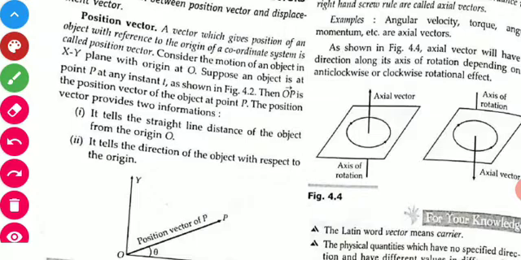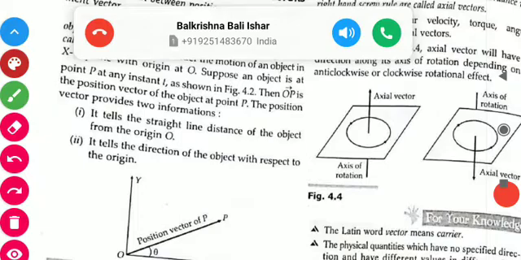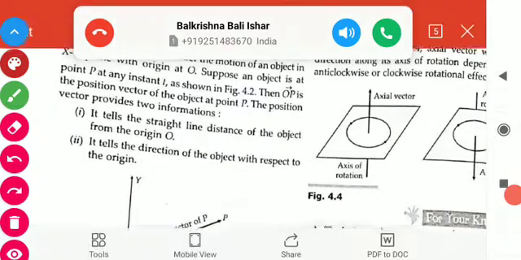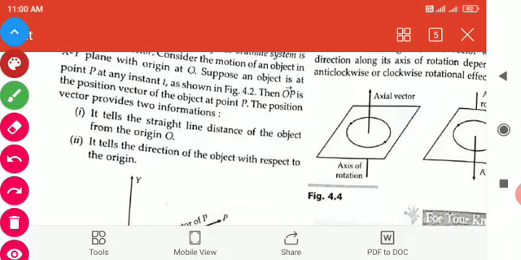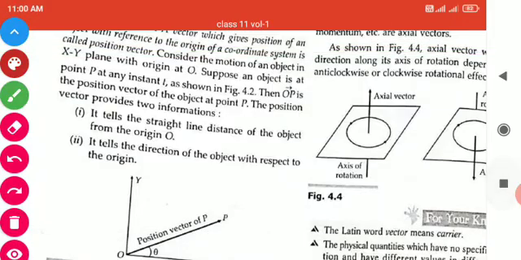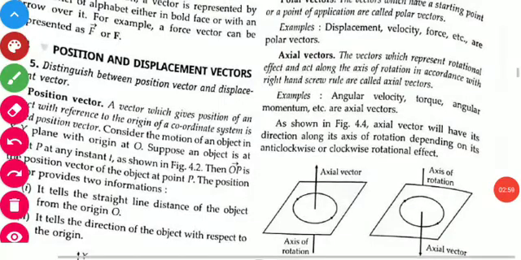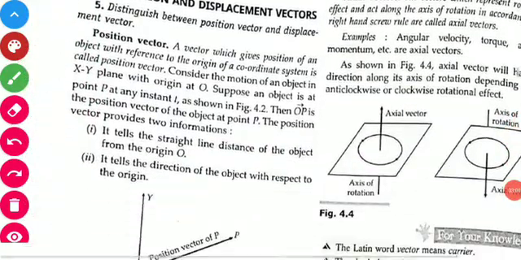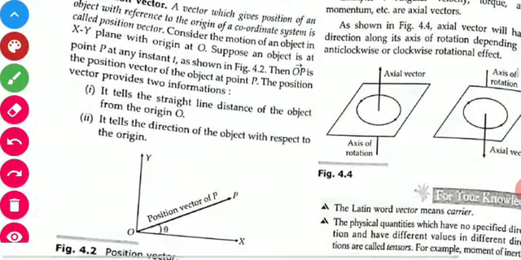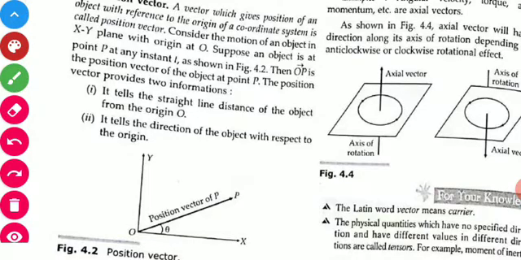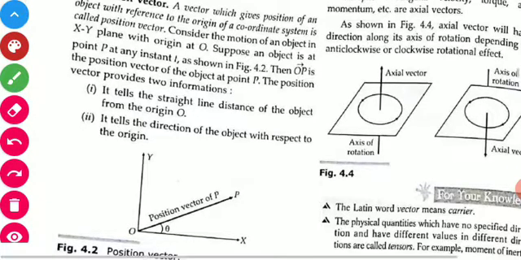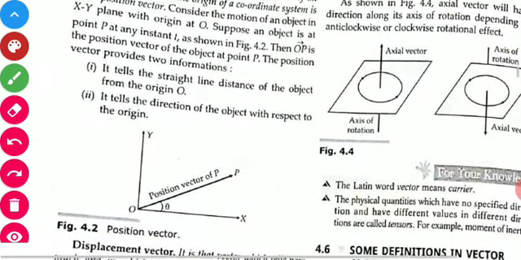So what is the position vector? A vector which gives us the position of an object with reference to the origin. So students, we have the position and this is the position vector. A vector which gives us the position of an object with reference to the point.